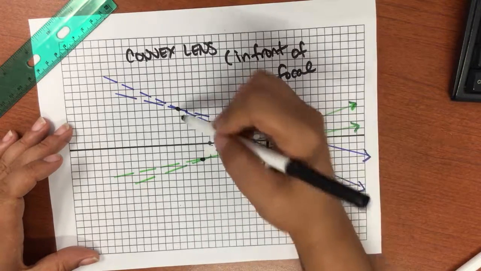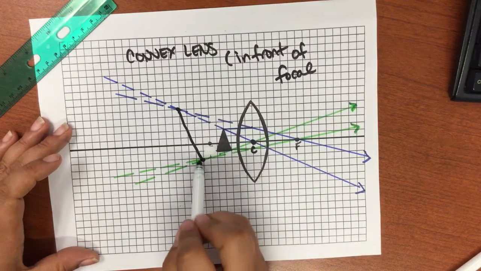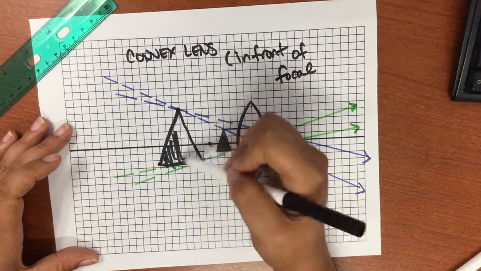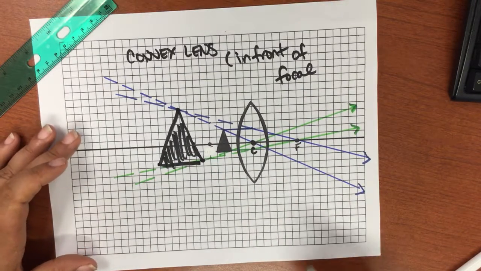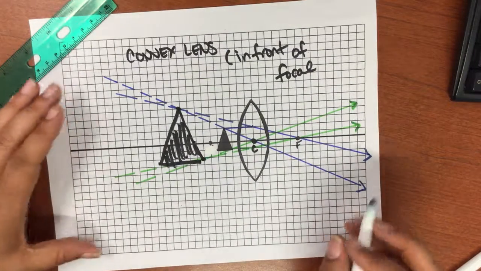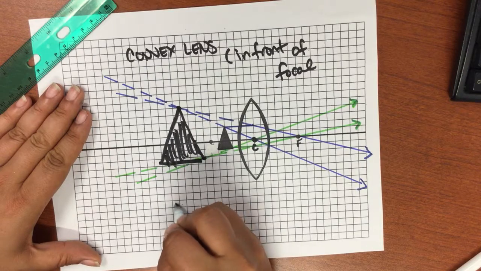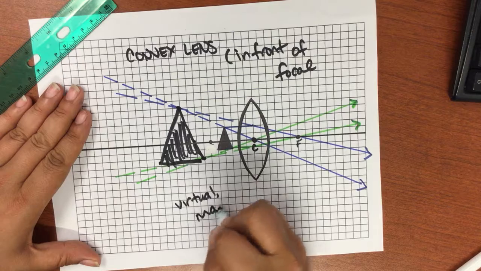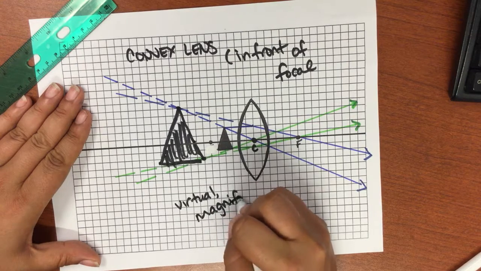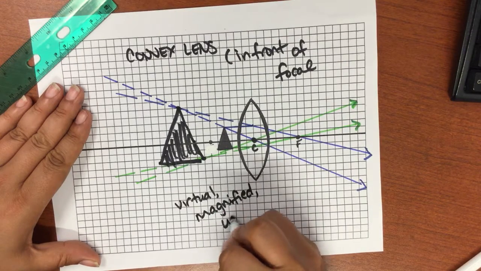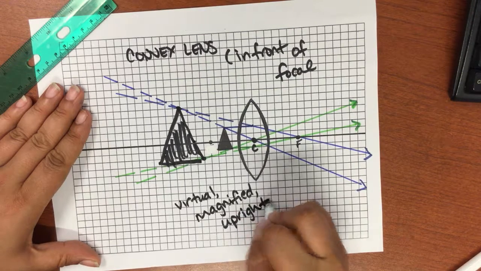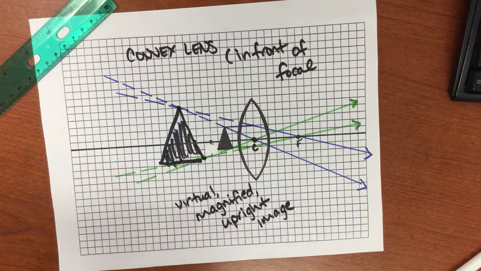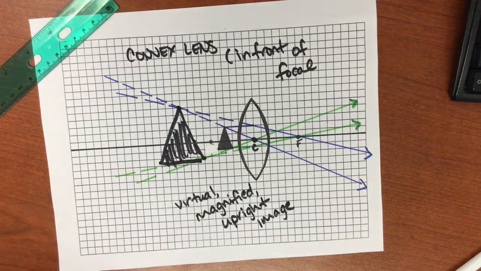There's my intersection, and I guesstimate my general shape. So for a convex lens, when the object is in front of the focal, you will always have a virtual, magnified, upright image. Okay, and that's how we draw all of our different ray diagrams.